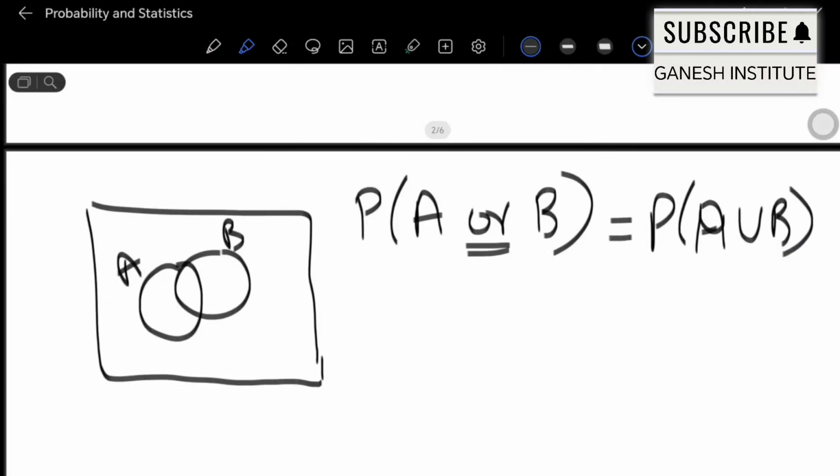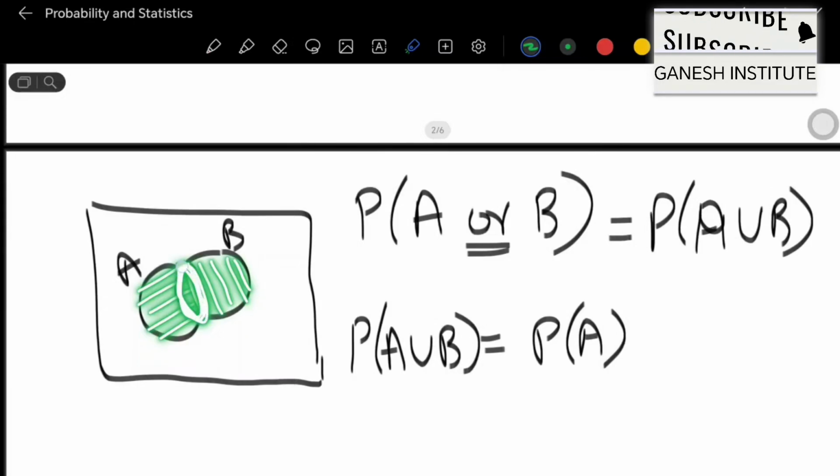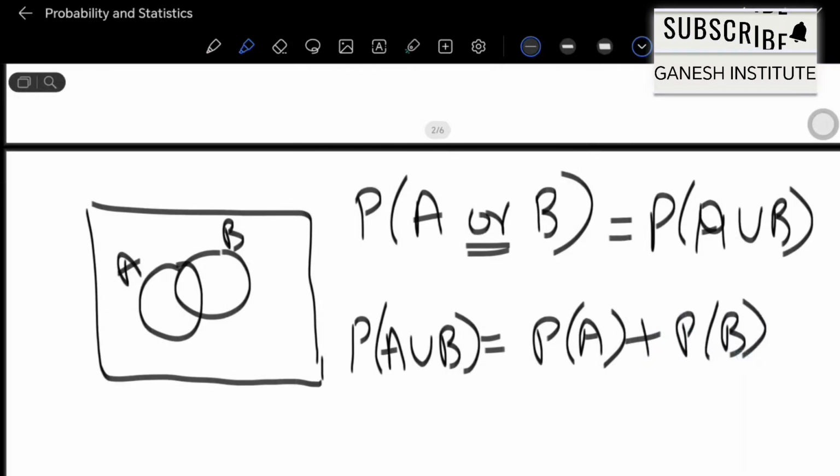And there is a formula for union of events, that is P(A union B) is P(A) plus P(B), but this common part has been taken twice. So I have to remove it once so that no replication happens. So P(A) plus P(B) minus P(A intersection B).